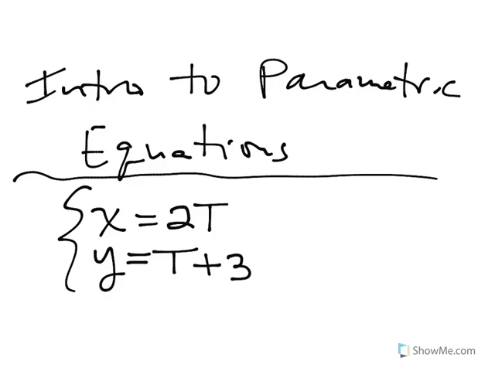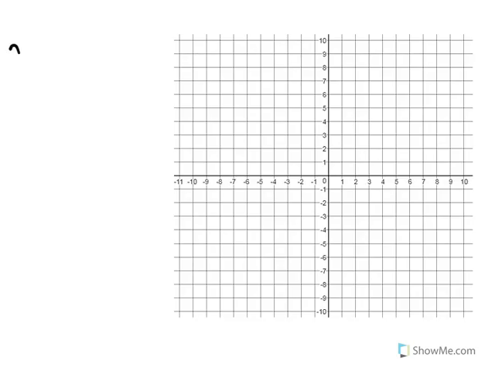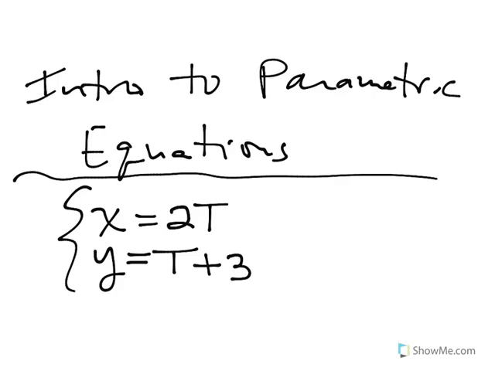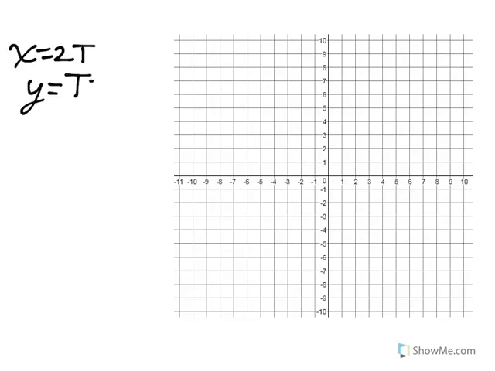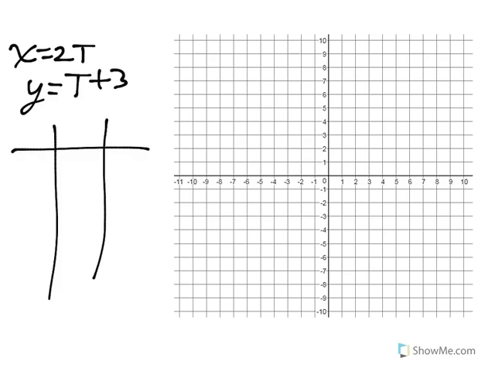The way it works is, if I wanted to graph this parametric equation, x equals 2t and y equals t plus 3, you could make a chart. The chart would have 3 columns, x, y, and t. I could put any numbers I want in for t. I'm just going to put 0, 1, 2, 3, 4.